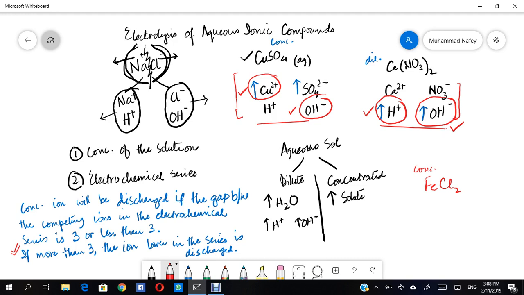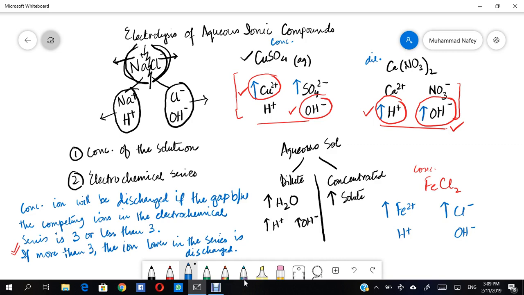Now let's take a look at the electrolysis of concentrated iron chloride. The ions in solution are Fe2+, Cl-, then we have H+ and OH-. Since it's a concentrated solution, we have a greater amount of iron ions and chloride ions.